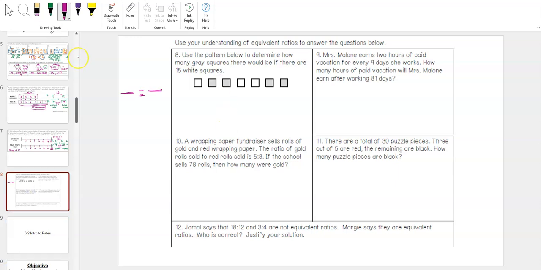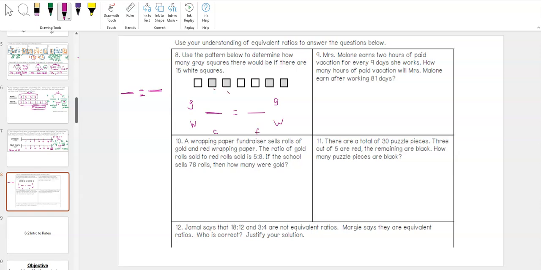All right, so in this first one, it says use the pattern below to determine how many gray squares there would be if there are 15 white squares. So in order to solve the problem, I need to compare gray squares to white squares. Remember, this is my current ratio, and this is my future prediction.